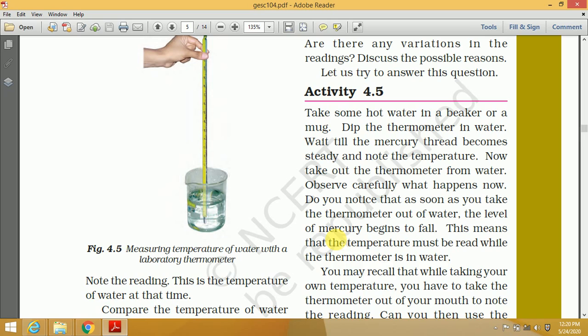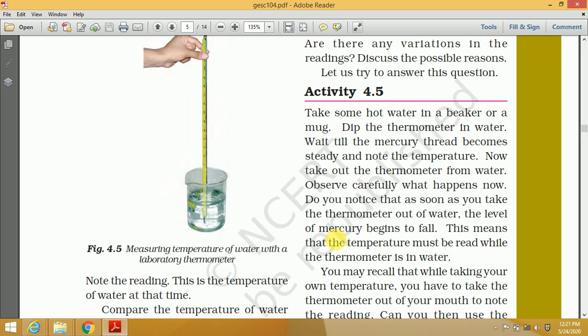So here one very important thing we have come to know, that if we are using the laboratory thermometer, you need to take the reading when the thermometer is dipped in the water. If you are taking the thermometer out of the water, immediately the mercury level will start falling down. But in case of clinical thermometer, this was not happening.